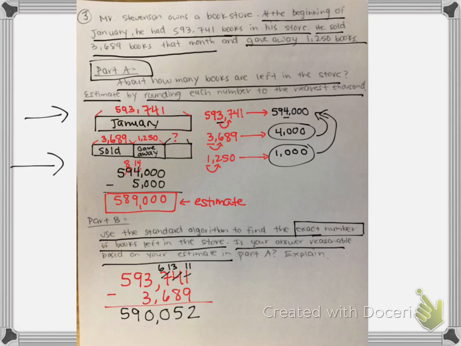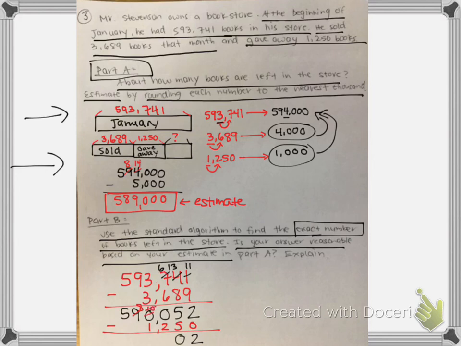I'm not done. I need to subtract again. I need to subtract what was given away. That 1,250. All right? Okay. So 2 subtract 0, well, that's 2. 5 subtract 5 is 0. I have to unbundle from this 8 here, or that 9. It's going to be 8. This is going to be 10.